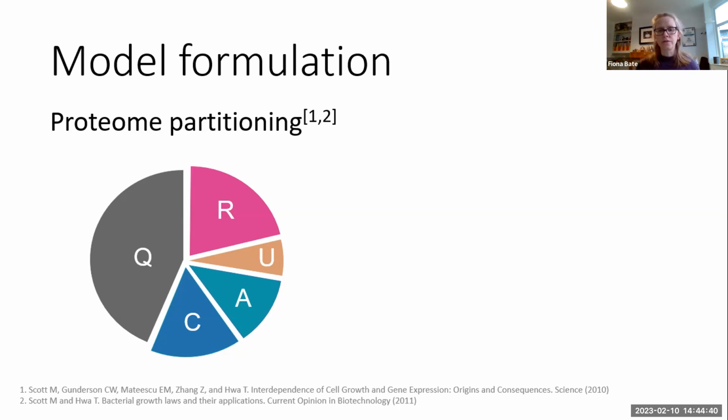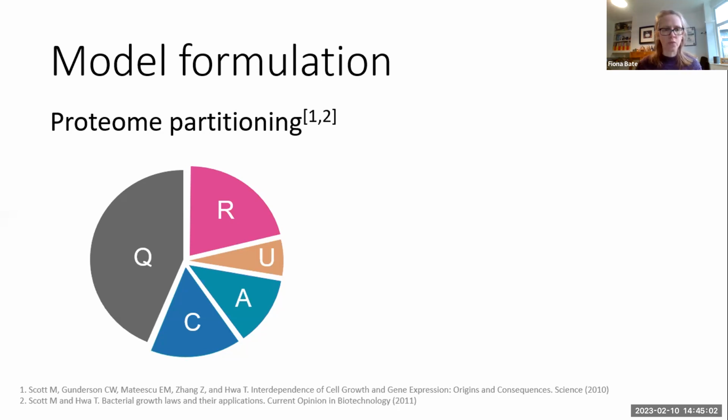And there's a global regulation of gene expression here. So all the proteins in a given group will change their expression levels in the same way when the growth conditions change. So it wouldn't just be one enzyme that gets upregulated, it would be the whole of the sector.